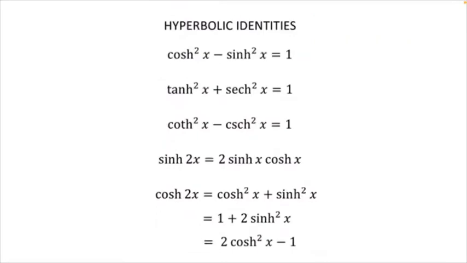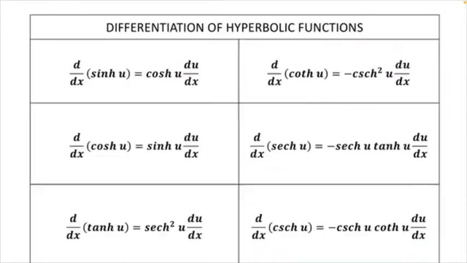Hyperbolic functions also have identities, which look familiar because they are somewhat similar to the identities of trigonometric functions, but there's actually a lot of difference. Take a look at the first example.